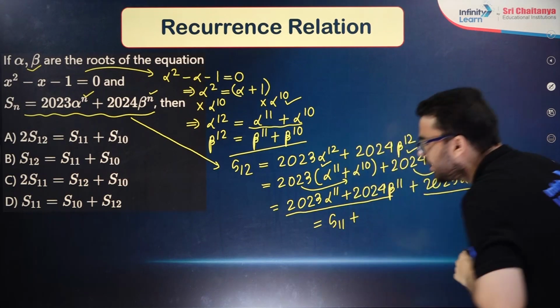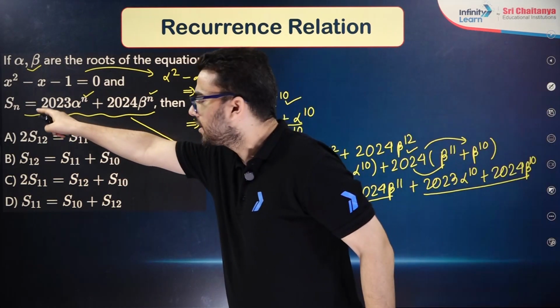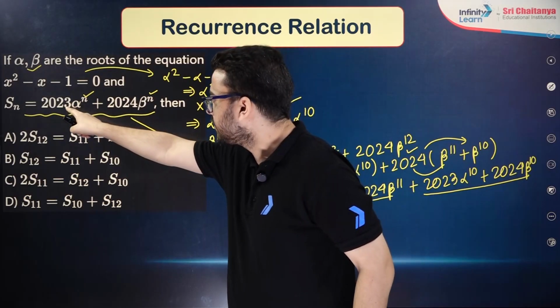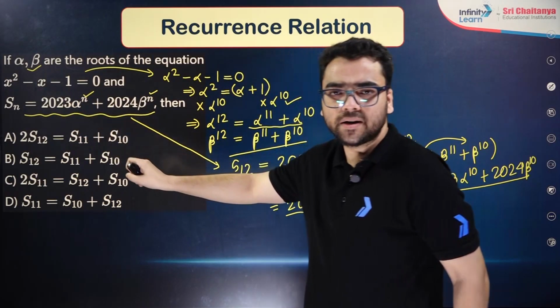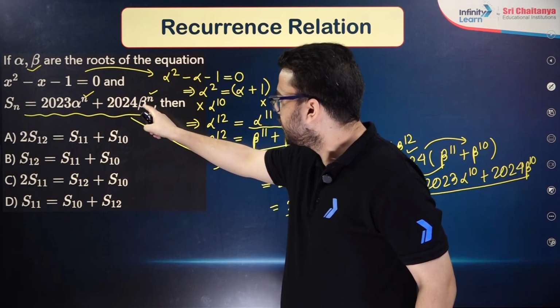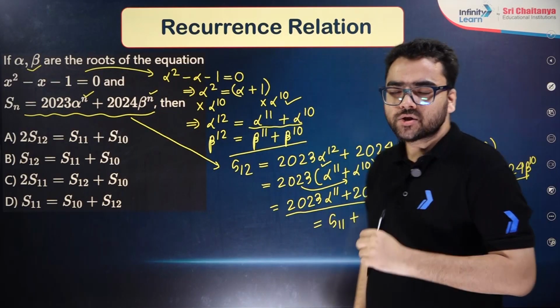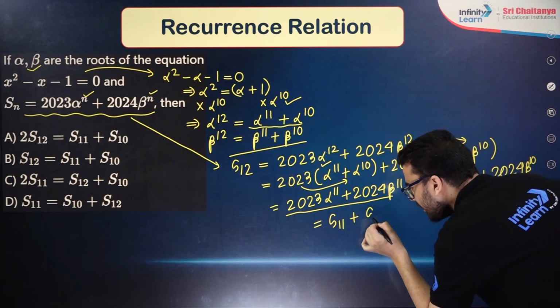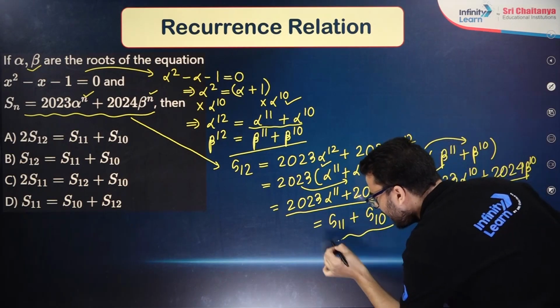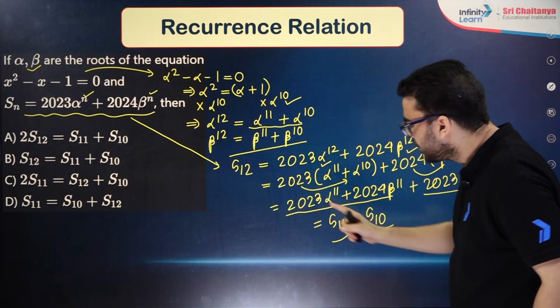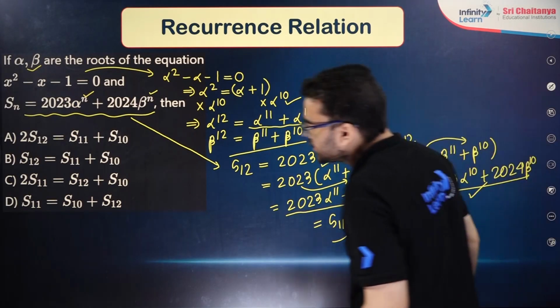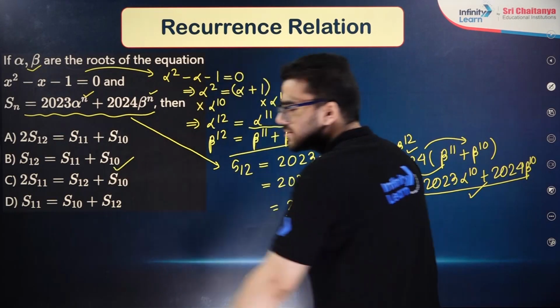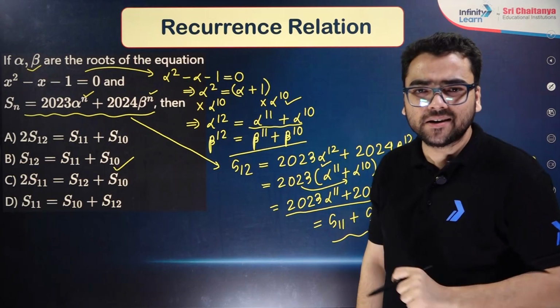In the same manner, if you put n is equal to 10 over here, you'll get 2023 alpha raised to the power 10 plus 2024 beta raised to the power 10. So what does it mean? This thing is nothing but S10. See, that's a direct relation over here. S12 is equal to S11 plus S10. That's the answer. I hope that is clear.